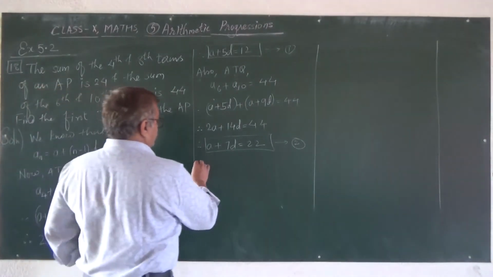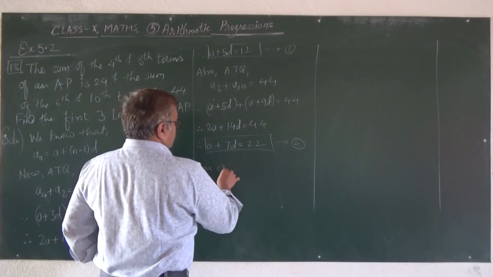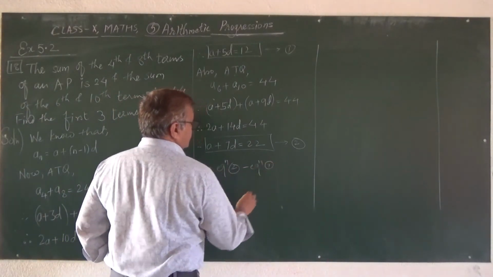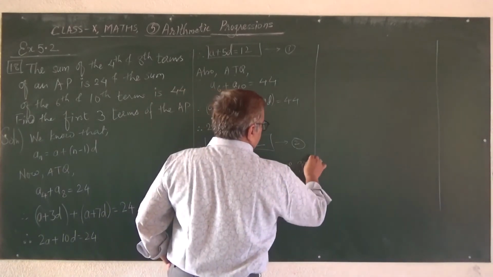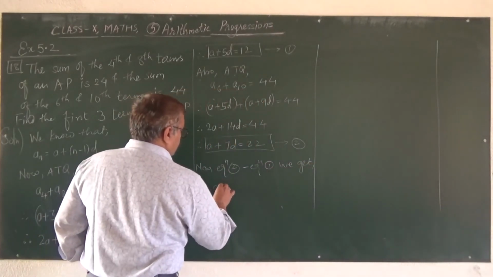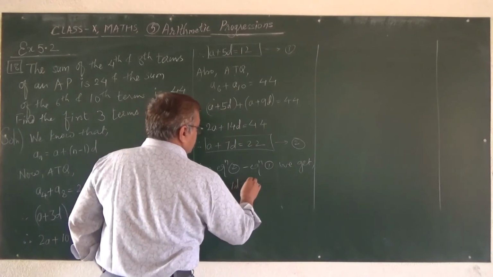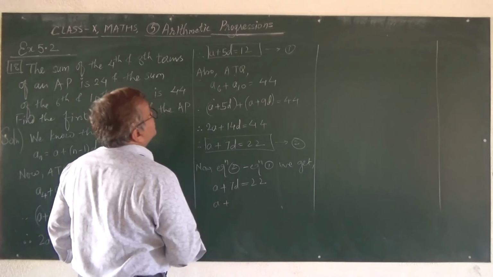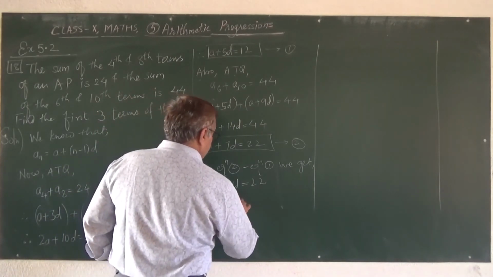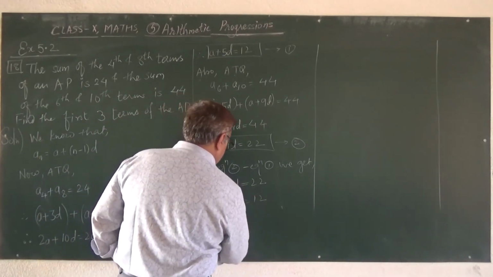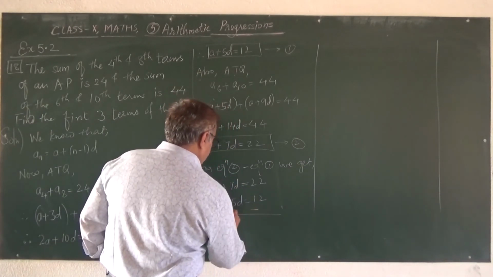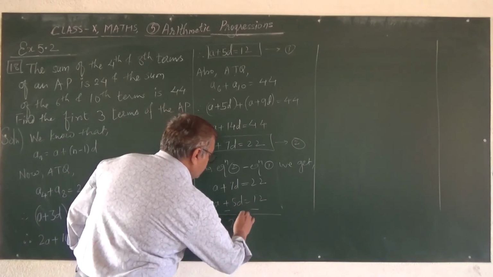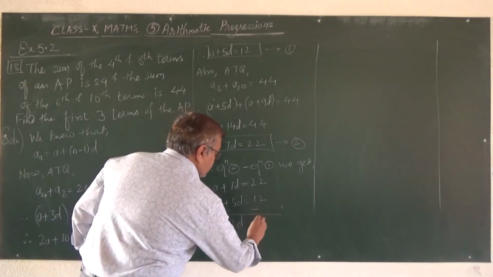Now, on solving 1 and 2, equation 2 minus equation 1. We have a plus 7d is equal to 22 and a plus 5d is equal to 12. Subtract: 7d minus 5d, that is 2d, is equal to 10.